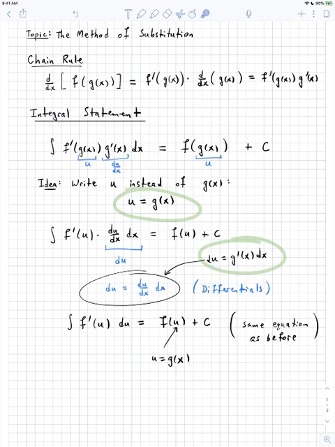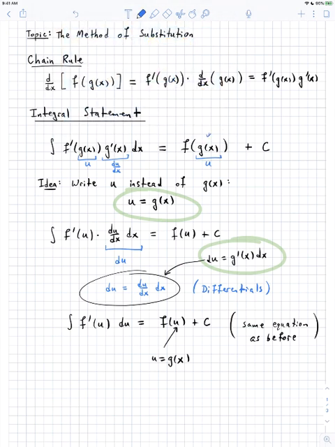Notice that the key step is identifying u. What is u? Well, in terms of the chain rule, u is your inside function. You need to figure out what u is, the inside function, and then you need to compute du, which is the derivative of the inside function, times dx. So the key step is figuring out u.